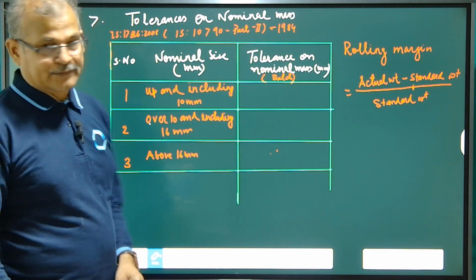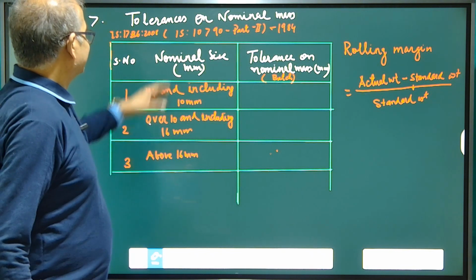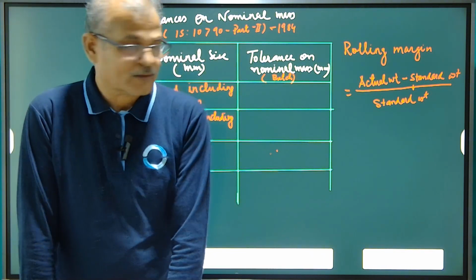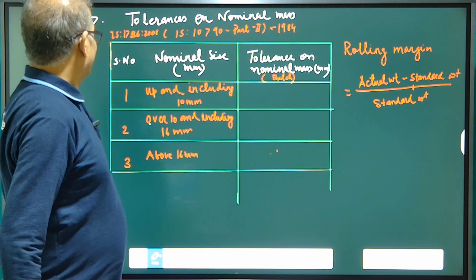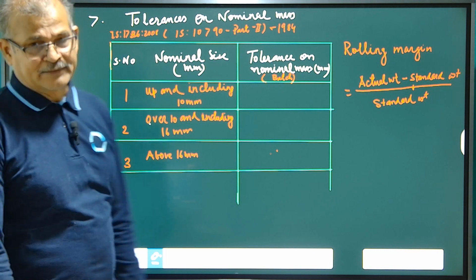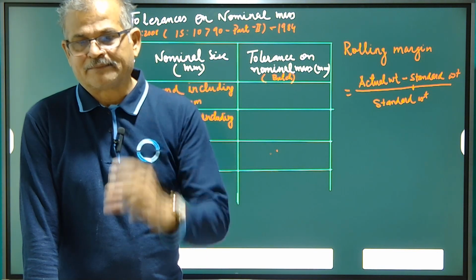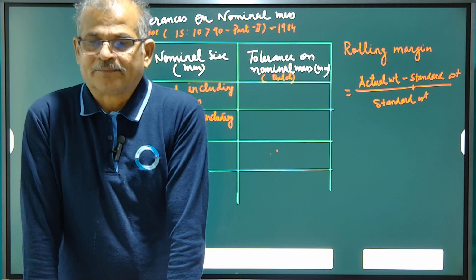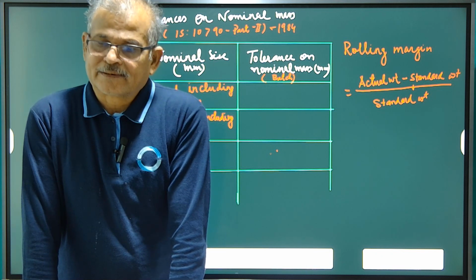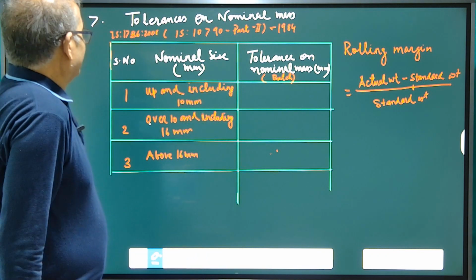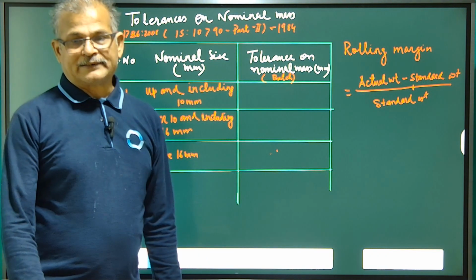So tolerances are given in IS 10790, which was published in 1984, and IS 1786 has also given for three diameters. If we want to know more, then we need to refer to the IS code.